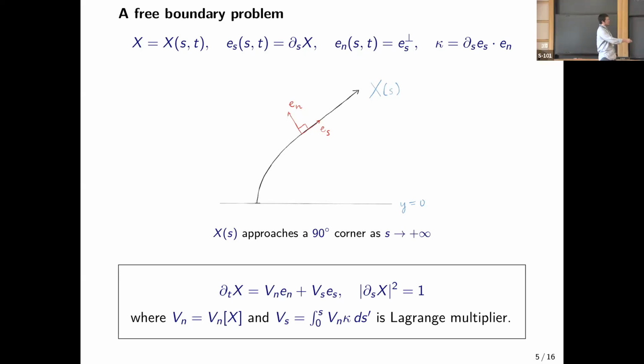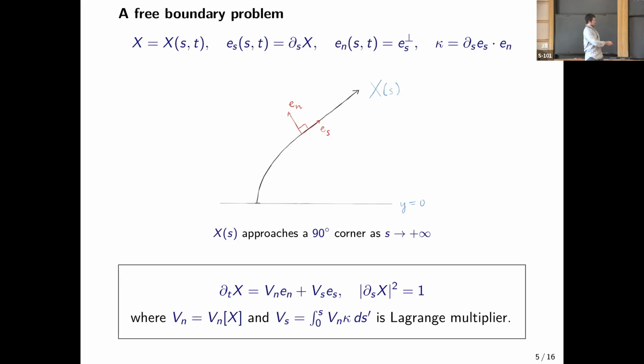Okay, so then you just write down the PDE for the evolution of this free boundary. It has the evolution in the normal direction, which is really the evolution of the body. You also have some evolution in the horizontal direction, and that's really just a reparameterization. This is the Lagrange multiplier to keep things arc length parameterized.